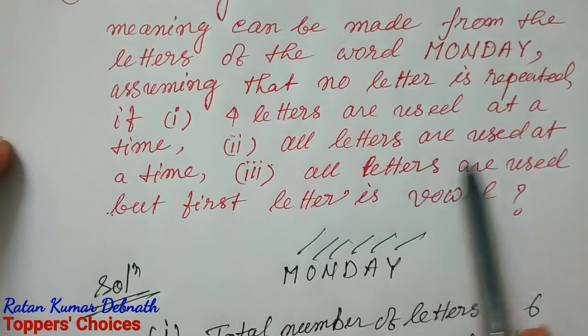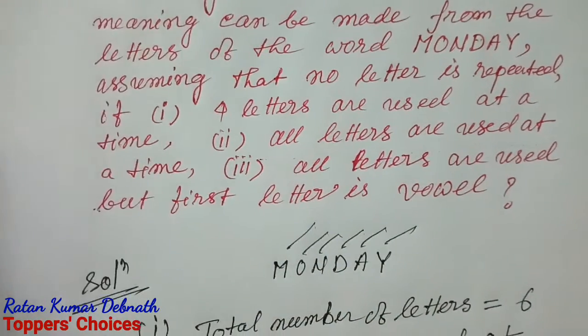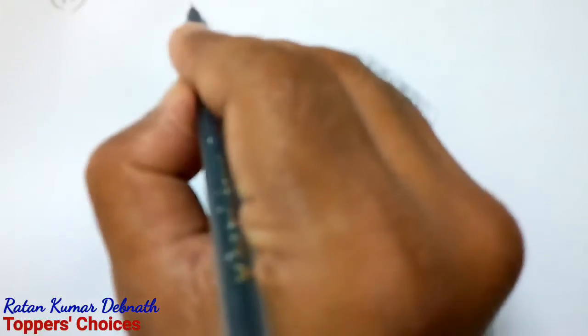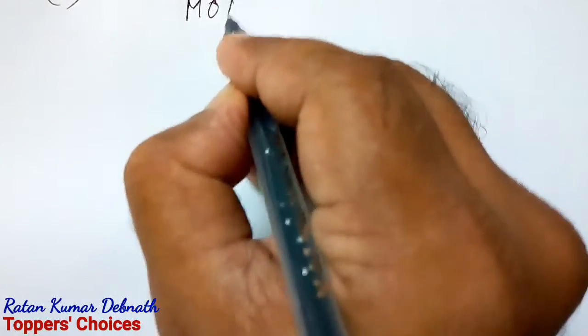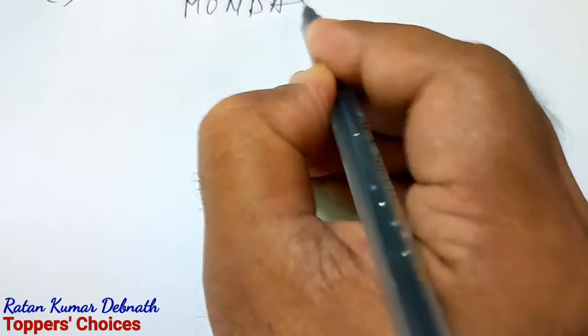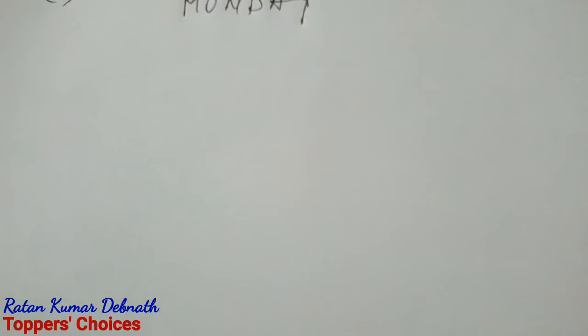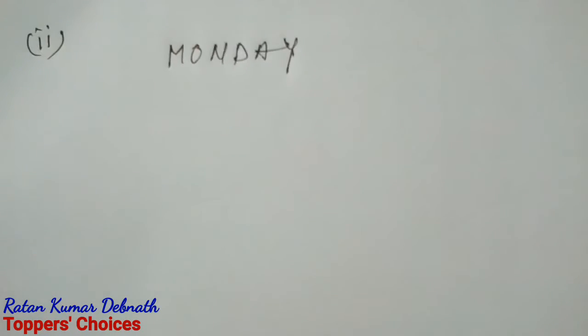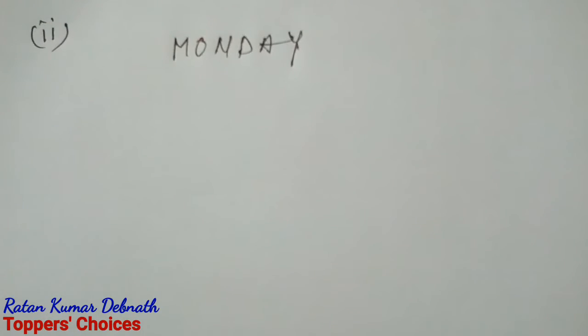The second part of the question is exactly like question number 8. All letters are used at a time. We observe that in the word MONDAY, all the letters are distinct.